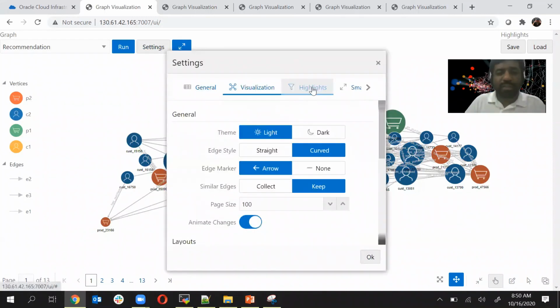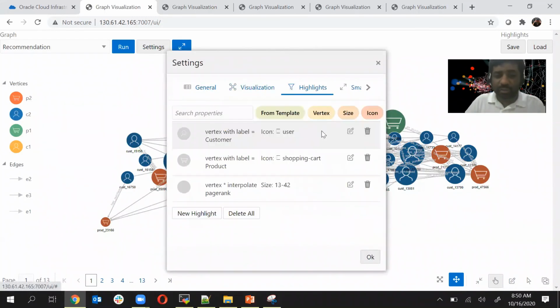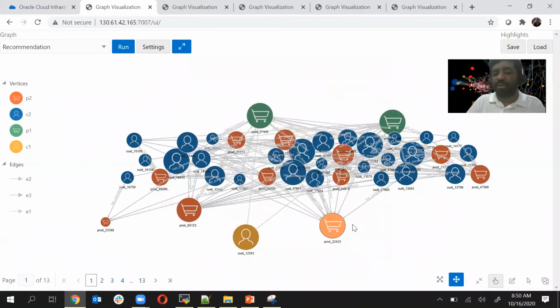What we can also see is that you can set highlights. So, for example, one reason why we have different vertices highlighted in different colors and different sizes is because we are mentioning this based on the page rank. You interpolate the size of the vertex. You can also give icons to various vertices. You can have conditional formatting done to the edges as well.